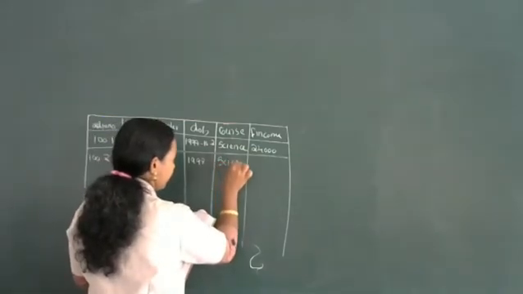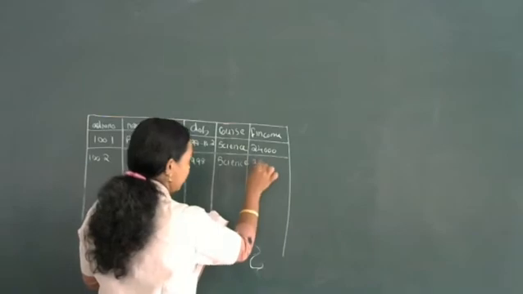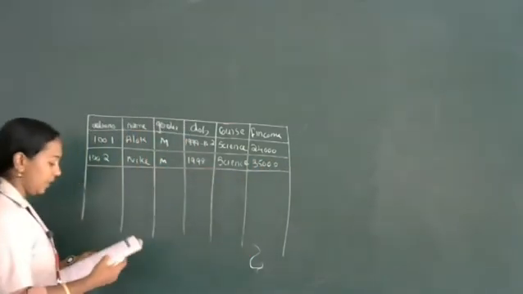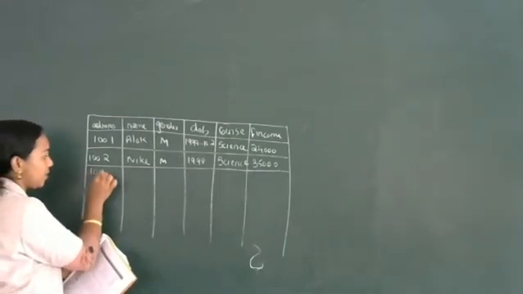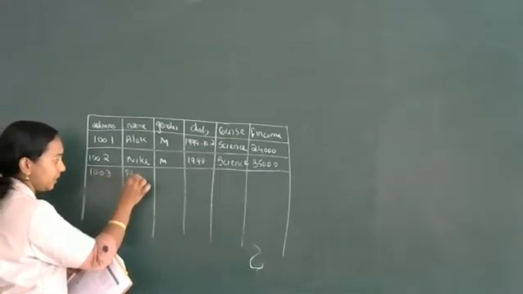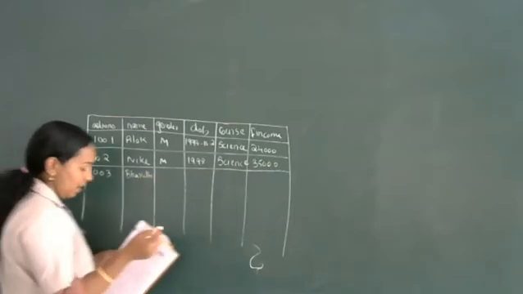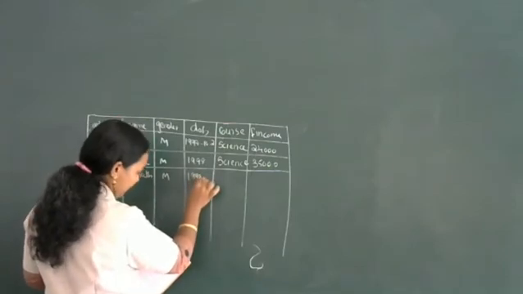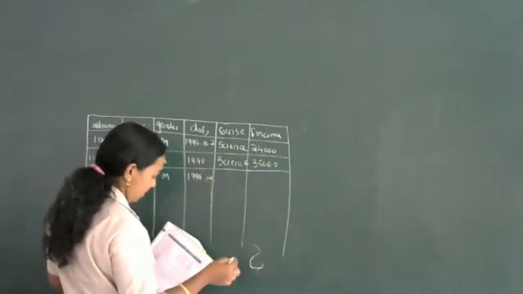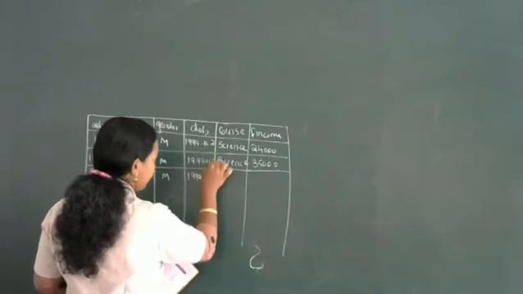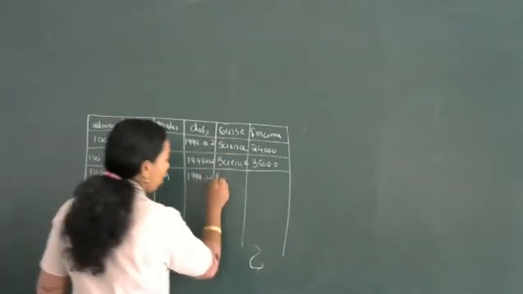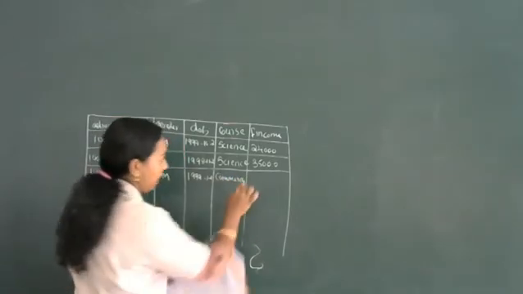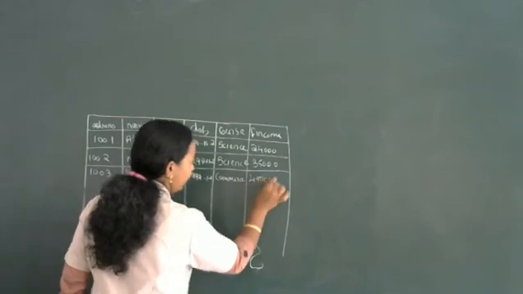Science, 35,000. Third row: 1003, Bharat, male, 1999, commerce, family income 45,000.